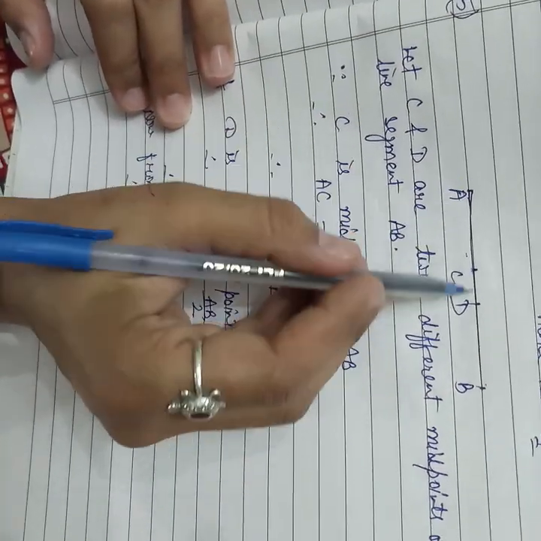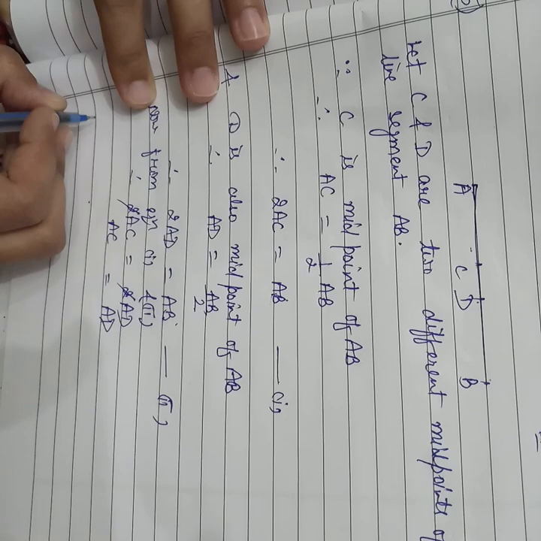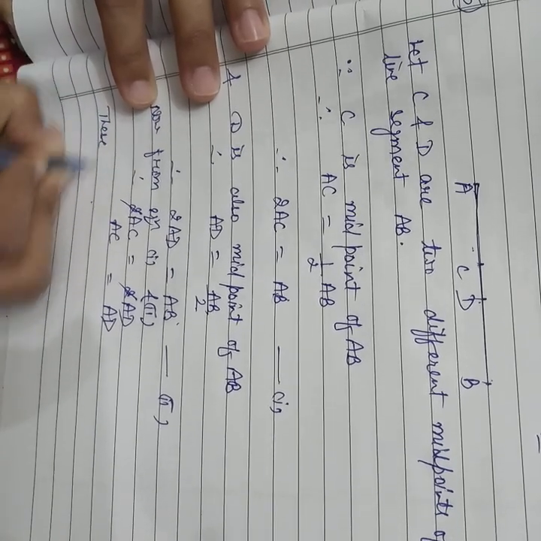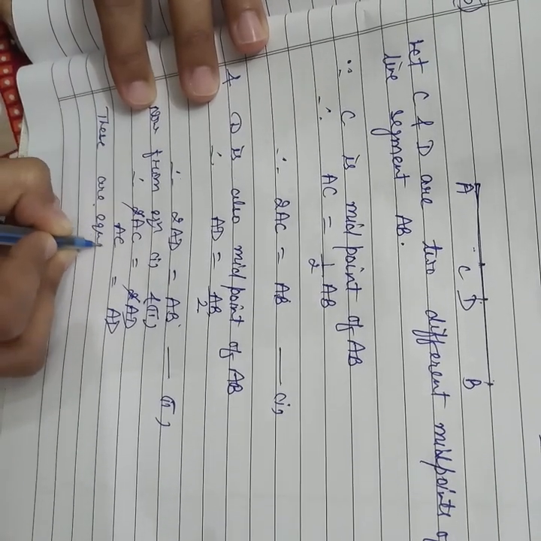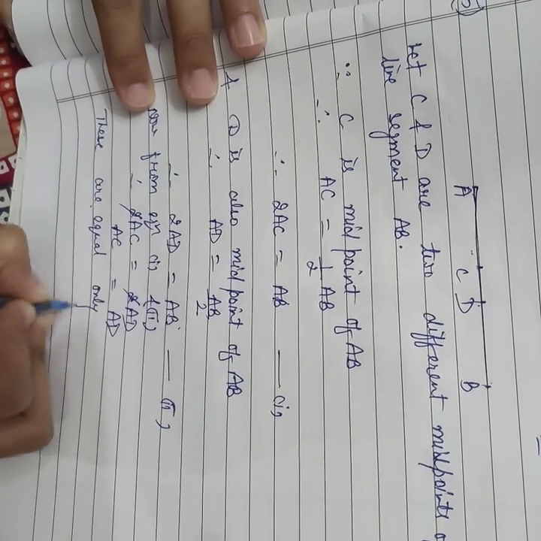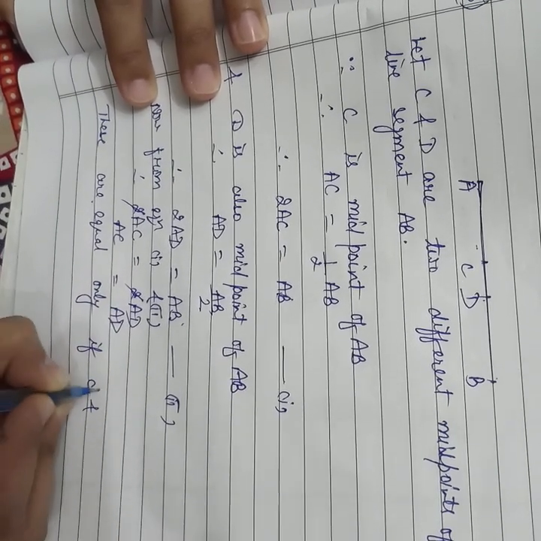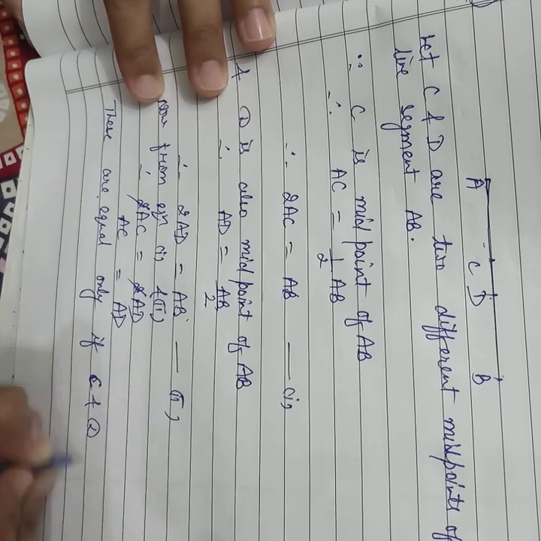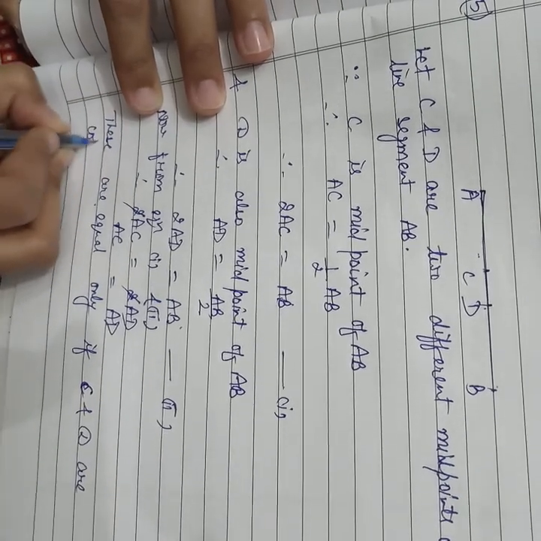Now AC and AD are equal only if C and D coincide.